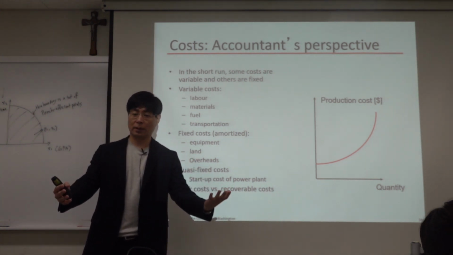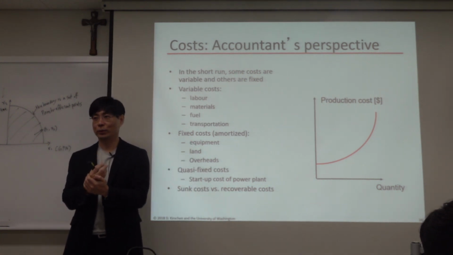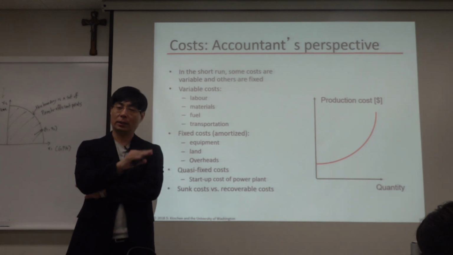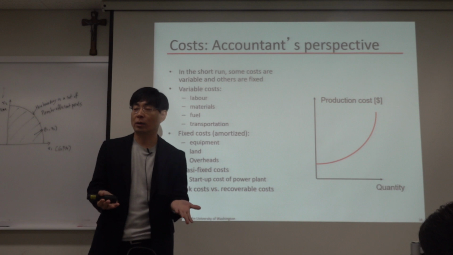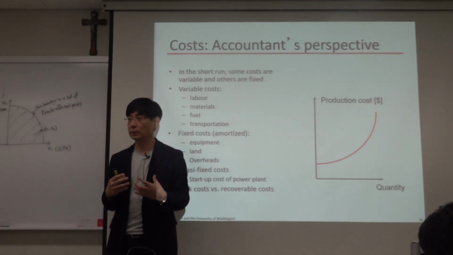But you decide to quit. You decide to exit this market because it is no longer profitable. Then you can resell the land to others. So that cost can be recoverable.